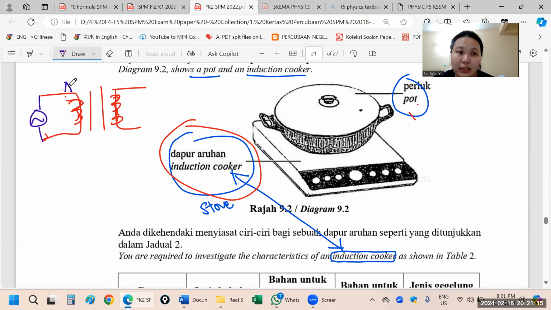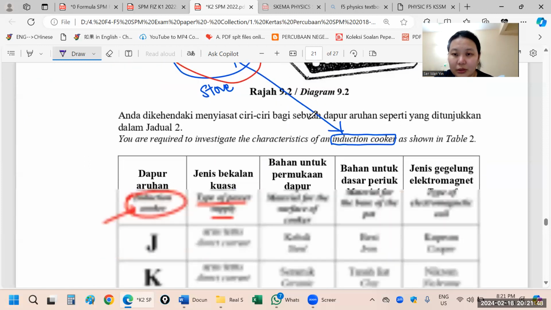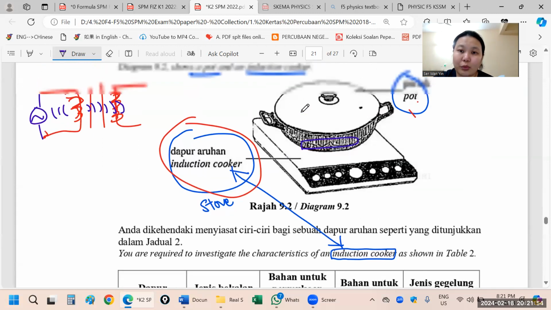Here there is AC, then the AC makes the magnetic flux, which moves to the soft iron core, and then the soft iron core makes the magnetic flux cut the secondary coil. So here we will have induced EMF. Then if you want to make it hot, actually it's inside the pot.